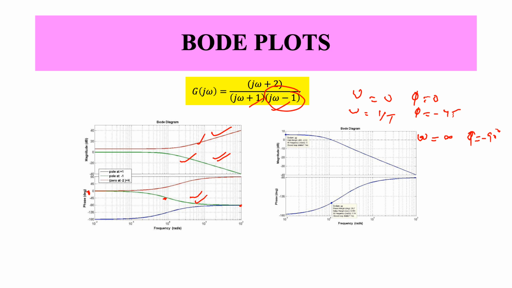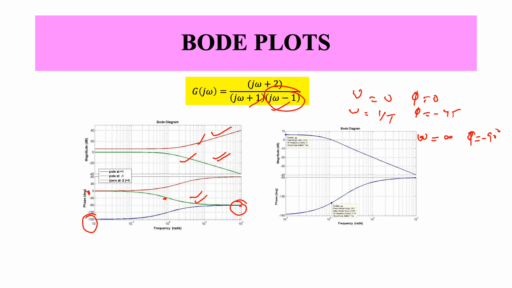I'm talking about this green guy now. That is happening for this green line, but for the blue line there's something strange, right? It starts at minus 80 and ends up at minus 90. So this is one thing you can use to distinguish, just by looking at the magnitude and phase plot, whether it corresponds to a stable pole or not.